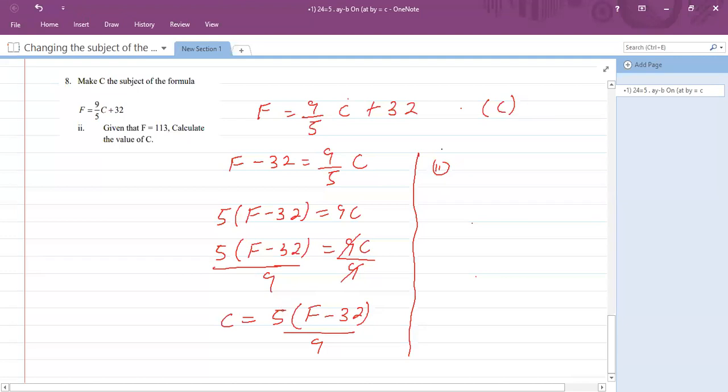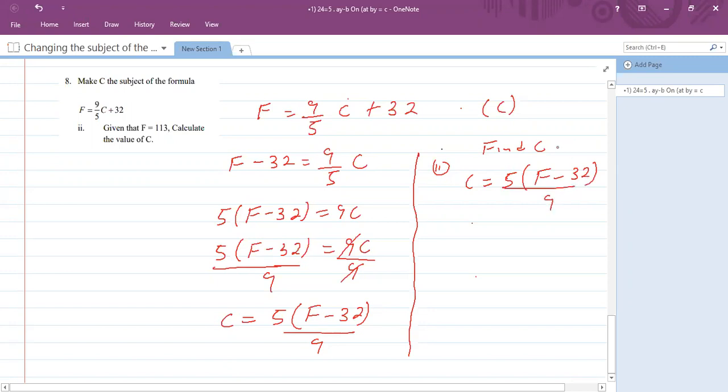You can go ahead and say 5 times F, 5F, and 5 times this will give you 160. You can do that. But I want to make my life easier. That's why I never put it, because here they say that given that F is 130, I should calculate the value of C. So here now I want to find C. So I'll say C is equal to 5, open bracket, F minus 32 over 9.